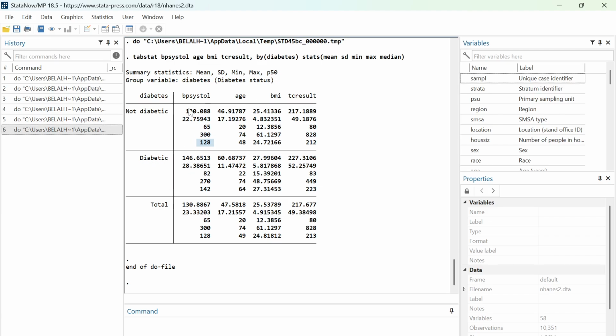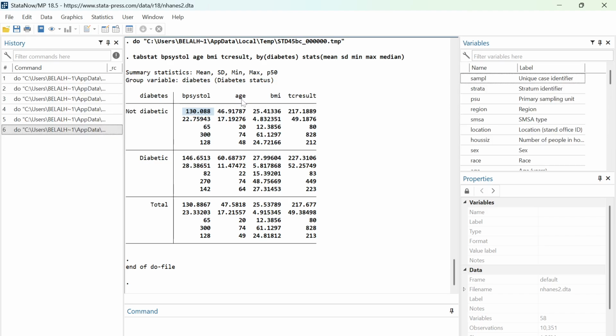We can't say it's a significant difference until we do the significance test or hypothesis testing, but we can see the difference might be significant because it's 130 for non-diabetic and 146 for diabetic, which makes sense because diabetes is a risk factor of high blood pressure. Therefore, people with diabetes have noticeably higher levels of systolic blood pressure.